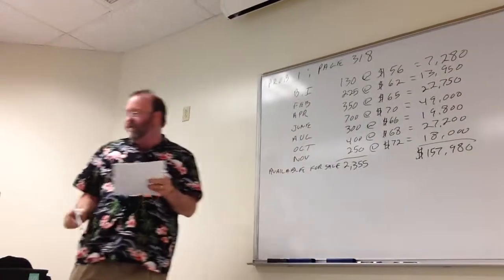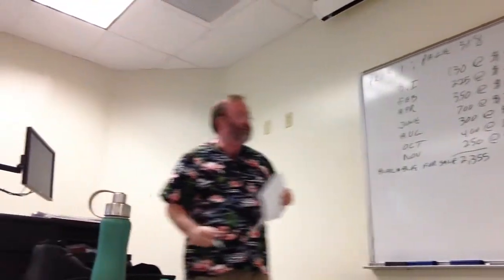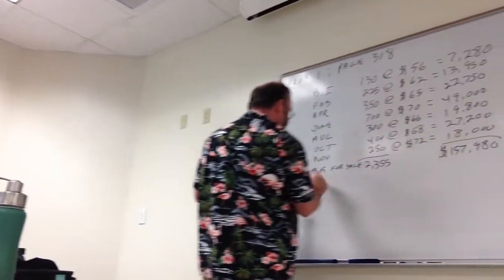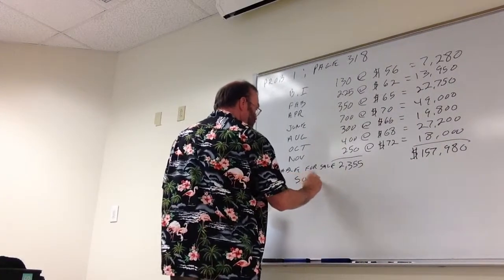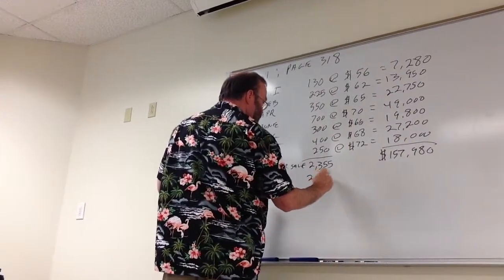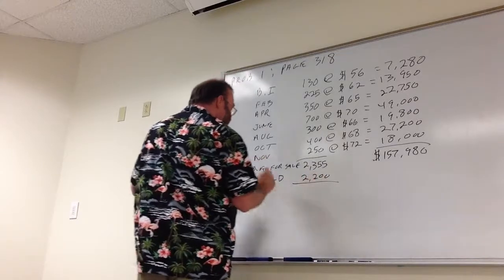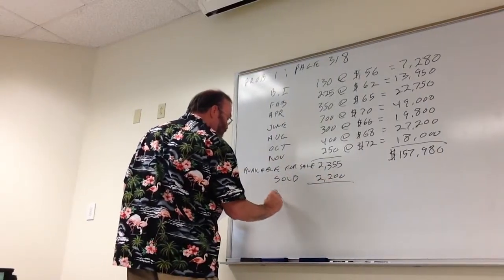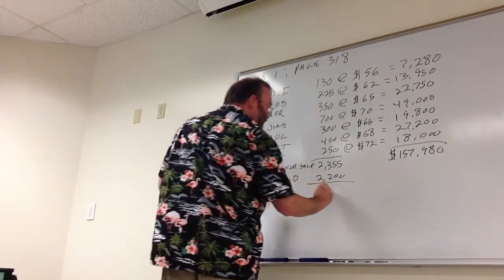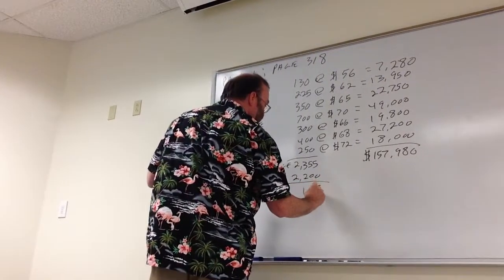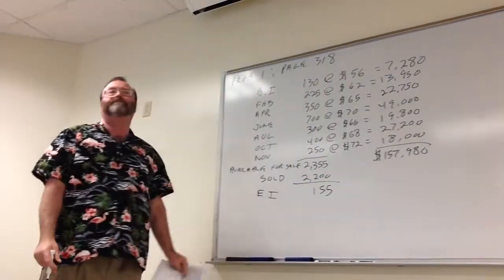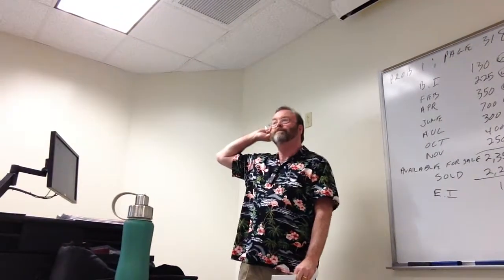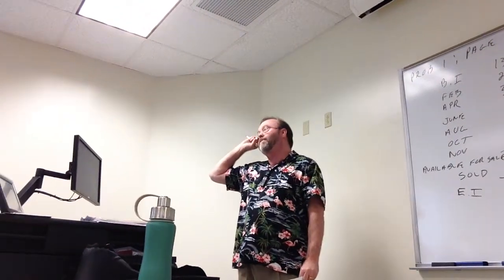It tells us that we sold 2,200. That means in ending inventory, we have 155 units. All right?